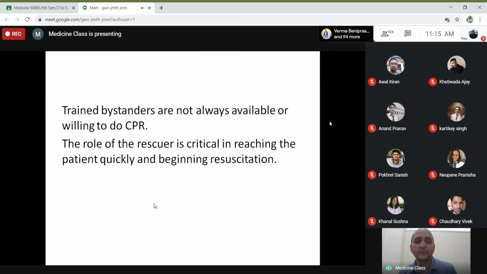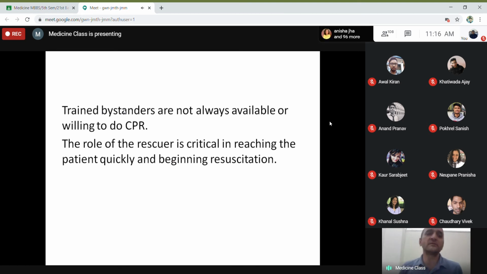Trained bystanders are not always available or willing to do CPR. This is a very important thing for the community and the locality. We are only 25,000 doctors in Nepal, and only 8,000 are actively participating in the treatment of the country. So these 8,000 doctors may not be available in all situations when we need CPR.